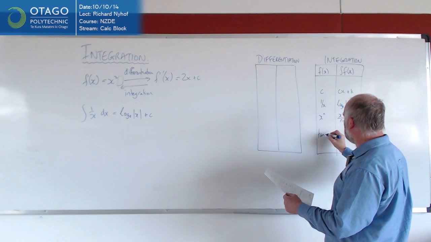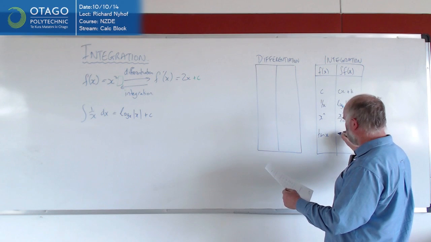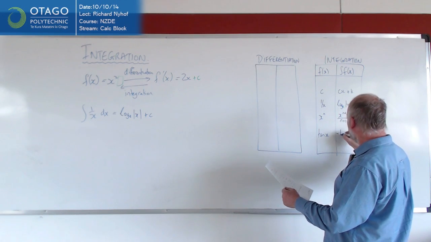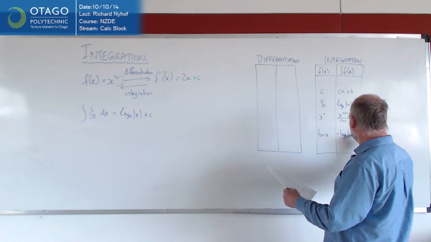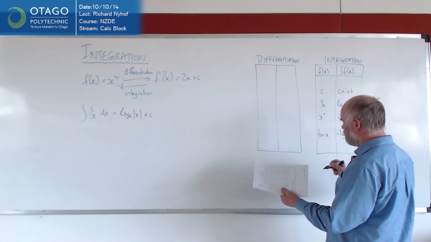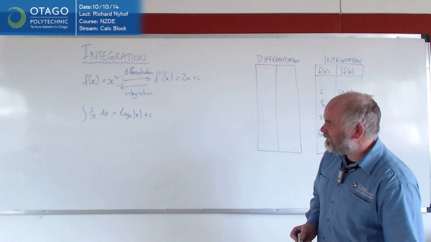Let's go with tan x. If we integrate tan x, we get negative log to the base e of cos x. Okay, so there are some bits and pieces that we could do.